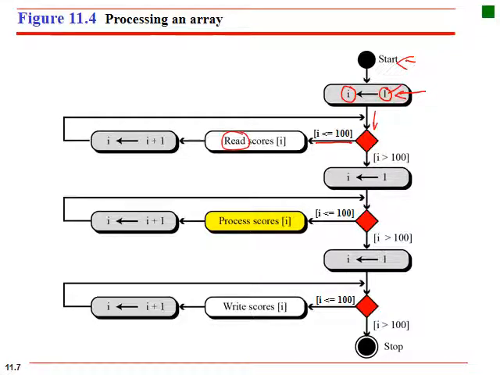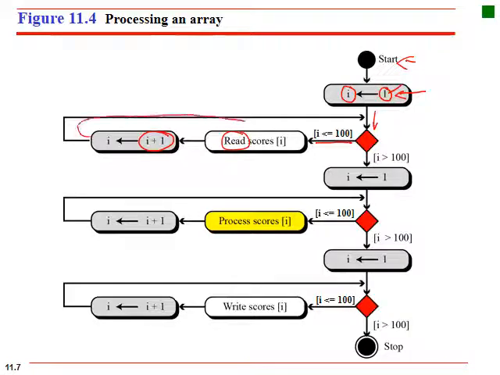And because the next time we will have to read the next score, we must increment I. In other words, we must make I 1 more. So we're basically going to say I gets the value of I plus 1. So if I was 1 and we add 1 to I, it will now get the value 2.